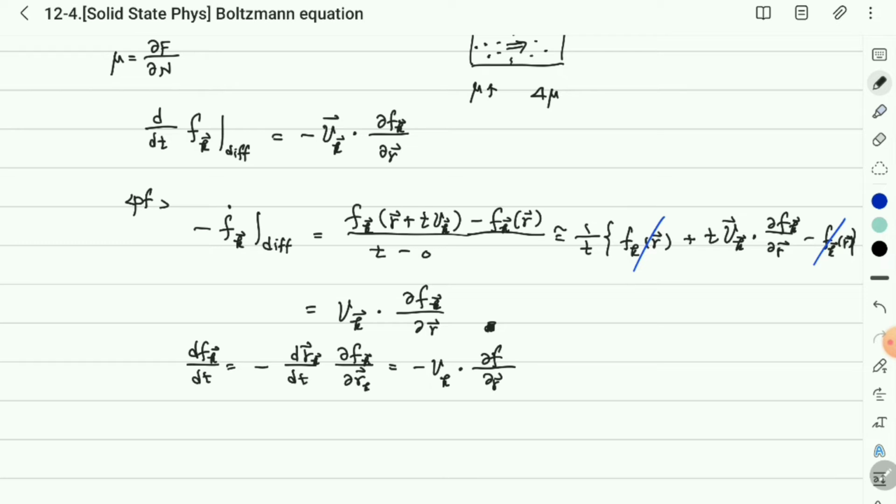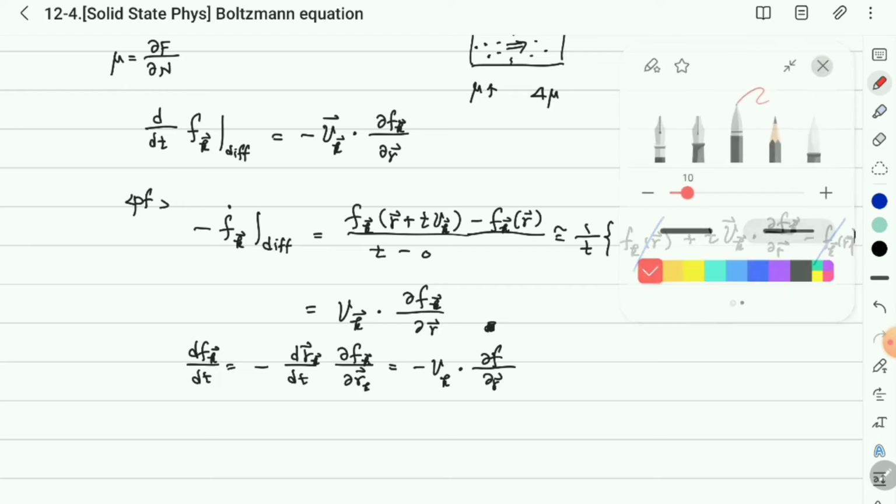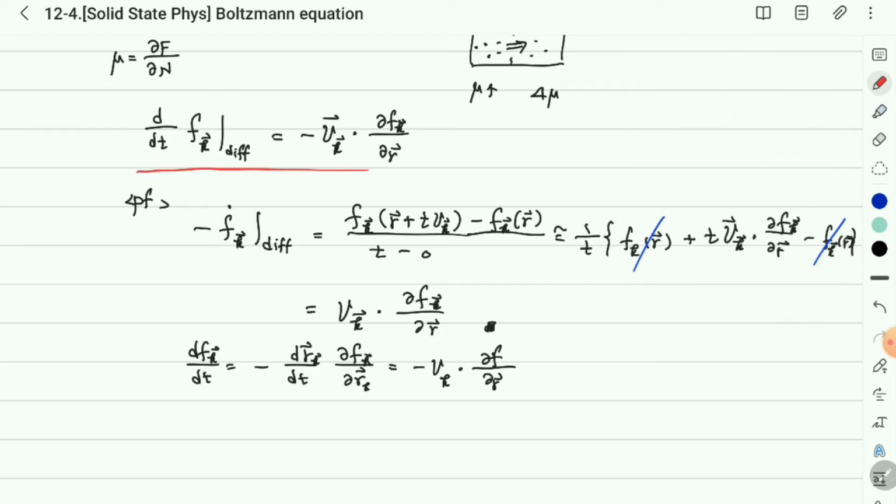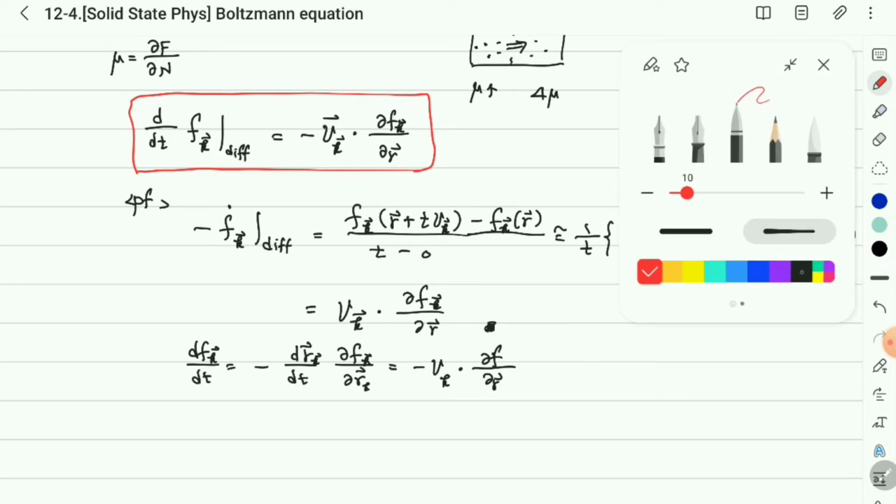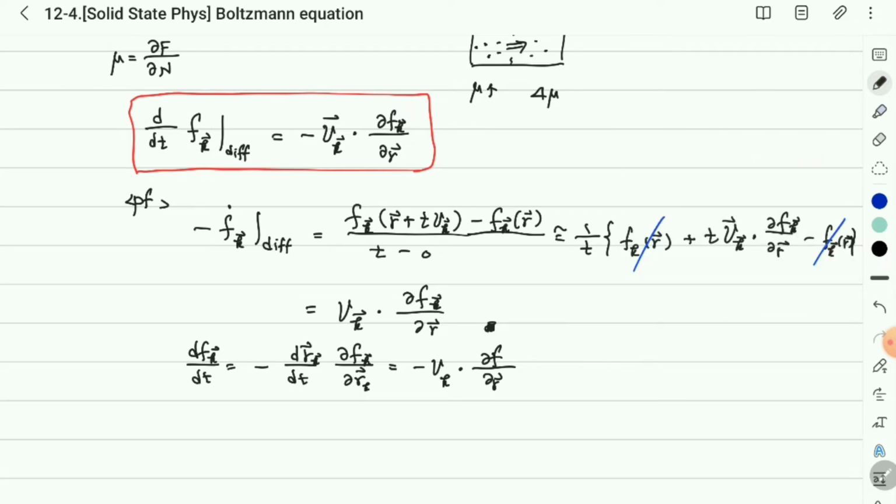We can understand that the first one is the diffusion. The minus sign means that the velocity is driven by the chemical potential, and the time derivative of the diffusion function is like this.